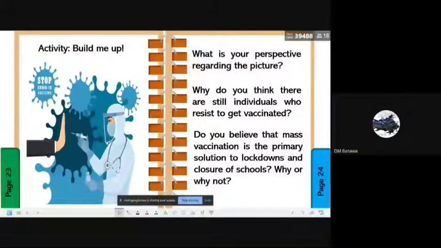But the best solution for lockdowns and closures of schools is to allow us to move freely so that we can develop herd immunity to the virus, and so that next time whenever there's another COVID variant, we would be ready to fight against it because our bodies are already used to the virus and have antibodies ready.